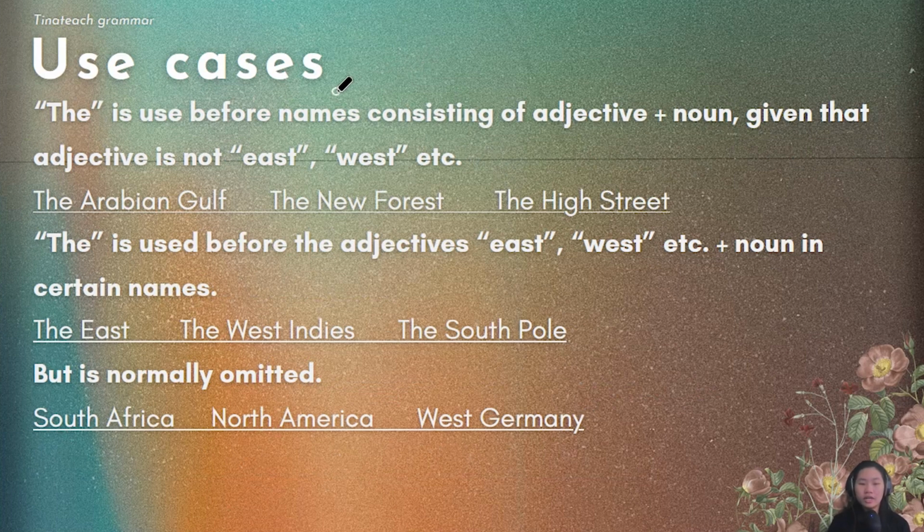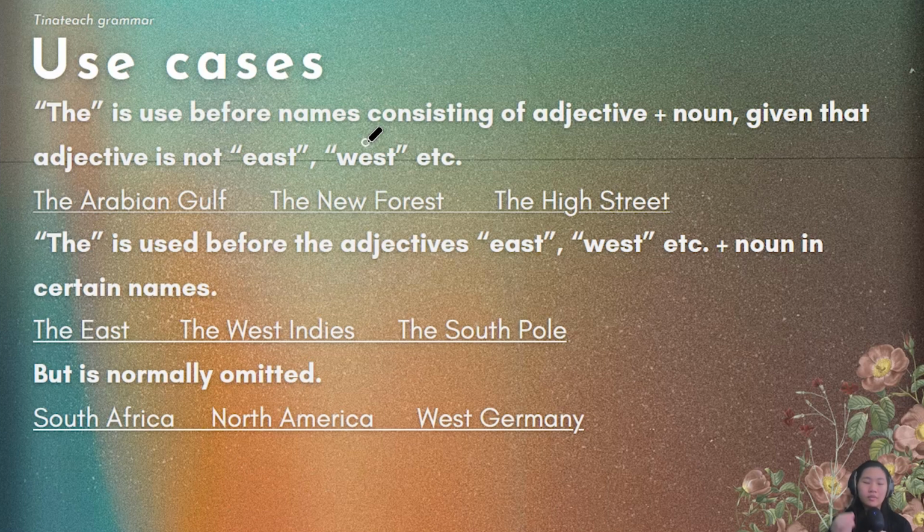The is used before names consisting of the structure adjective plus noun. However, given that the adjective is not east or west, or south or north or any of those directional terms. So we're just dealing with east, west, north, south as adjectives, okay?